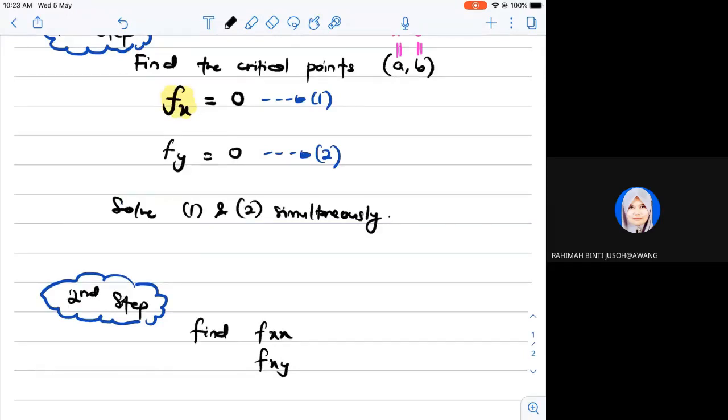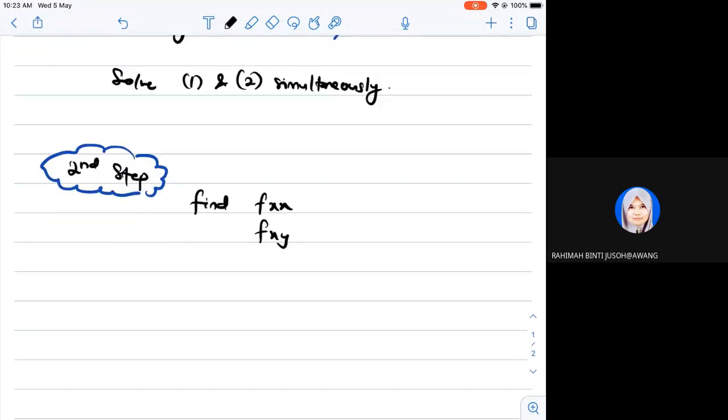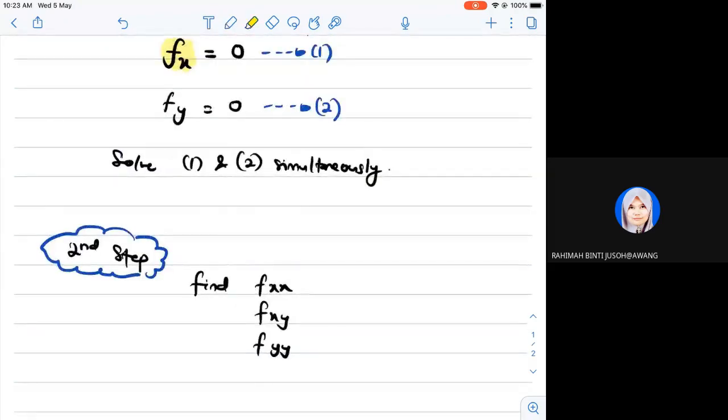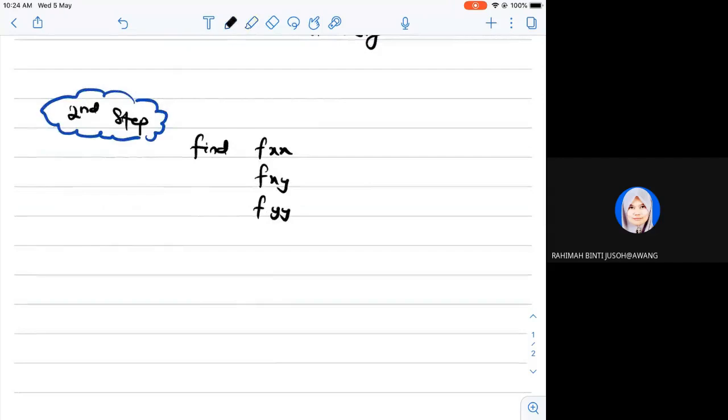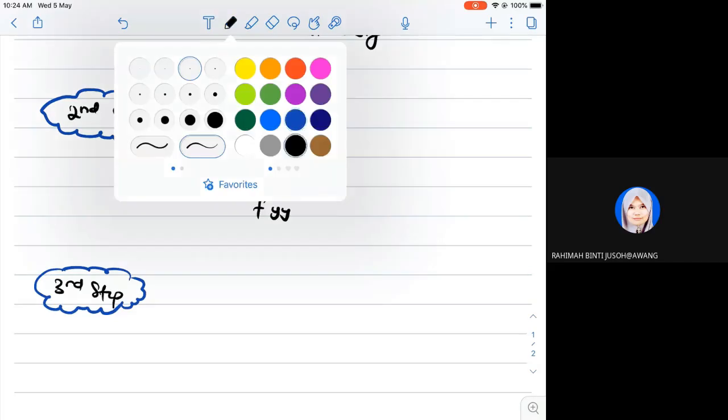Okay. After that, find fyy. So you have to refer to this. Okay, fy, and then differentiate again with respect to y. All right. So the last step, third step, is called the second derivative test. Okay, nama dia second derivative test.